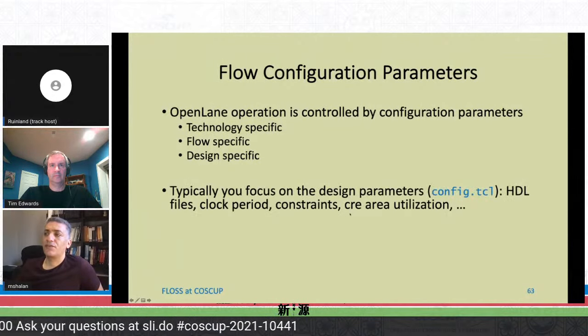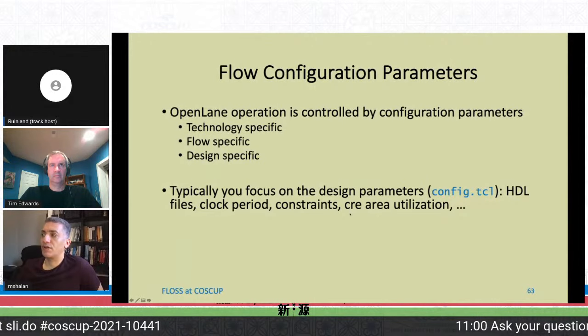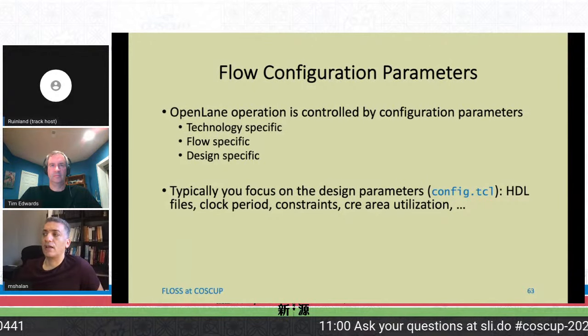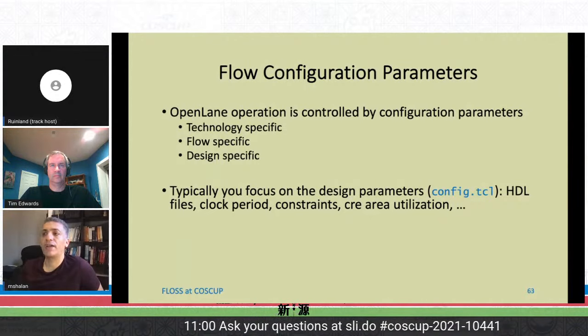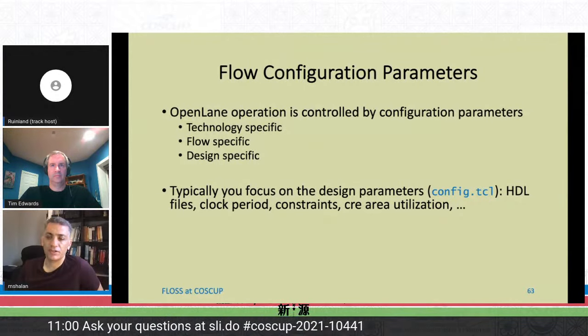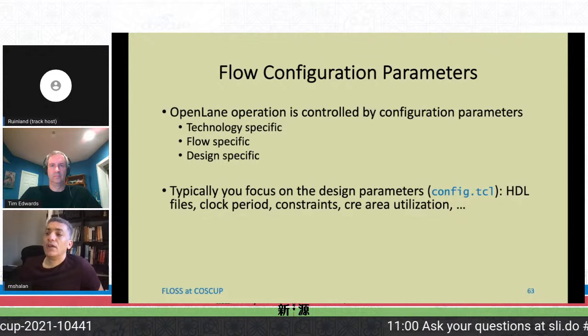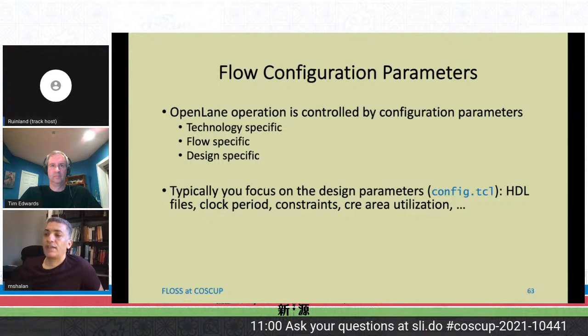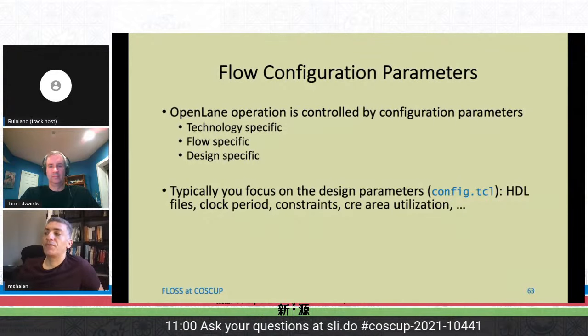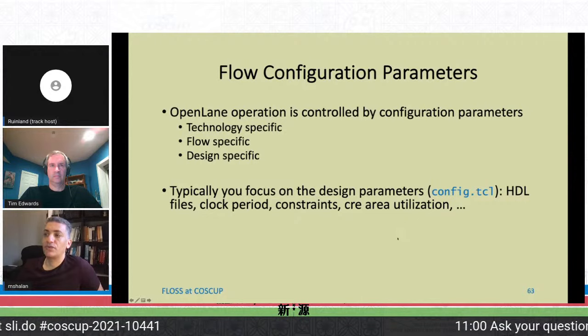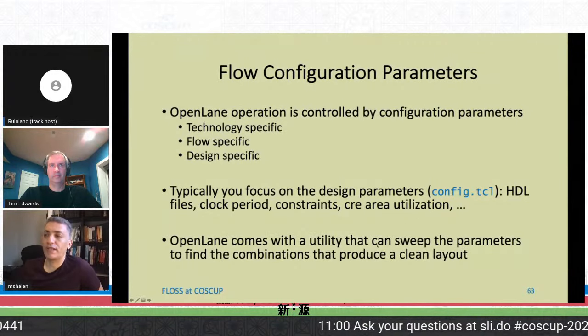Typically, as a designer, you need to focus only on the design parameters in the config.tcl file to specify things like the RTL files, the clock period, the constraints, utilization, and other parameters, all of them documented. And if you have doubts about good values for some of these parameters, like the best core utilization or clock period, OpenLane has a utility that can sweep the parameters to find the best combination of values to produce clean layouts.